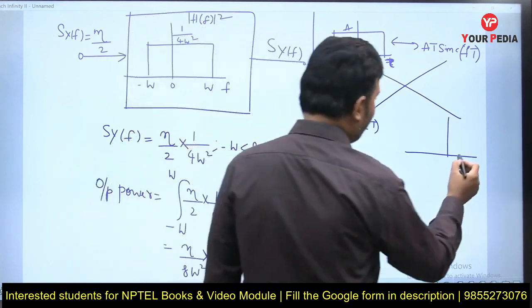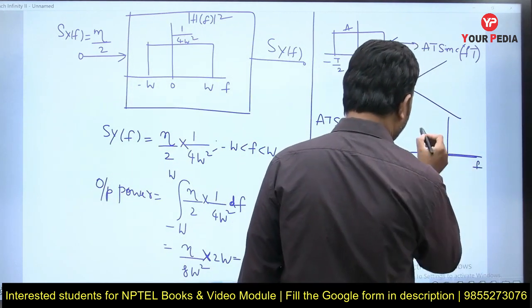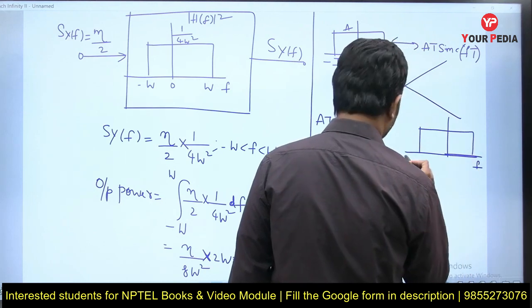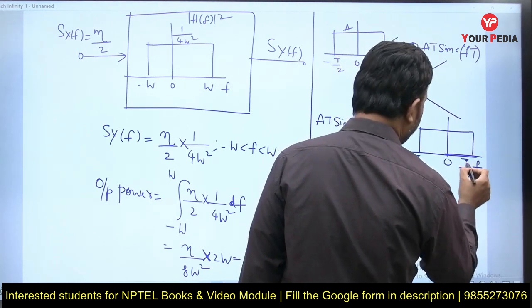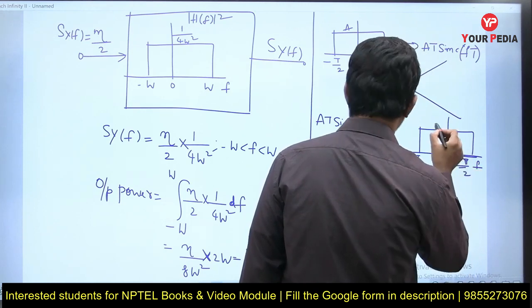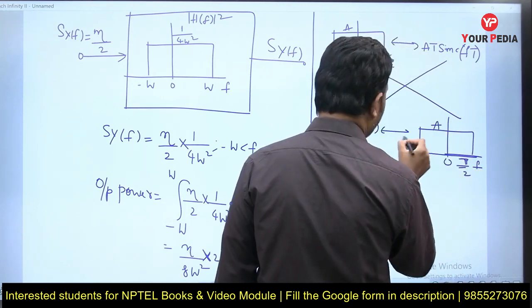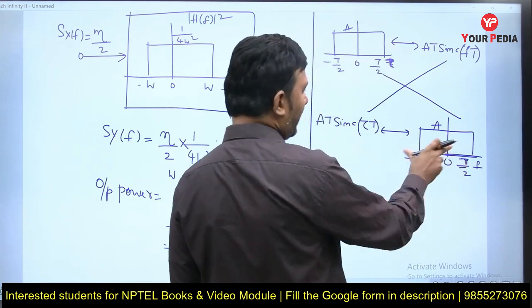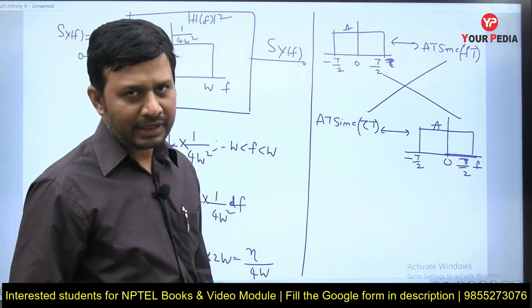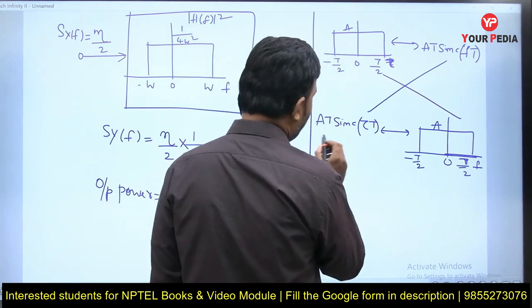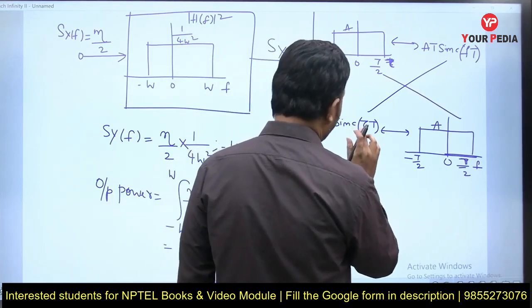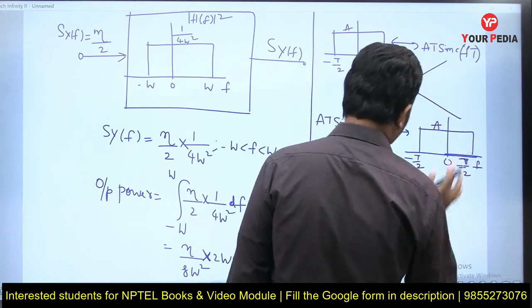So replace tau by f first. And take the reversal. This being an even signal, if I take the reversal, I'll get the same, no? I'll get the same. Now, observe here. So the Fourier transform of AT sinc of tau t will be this one.